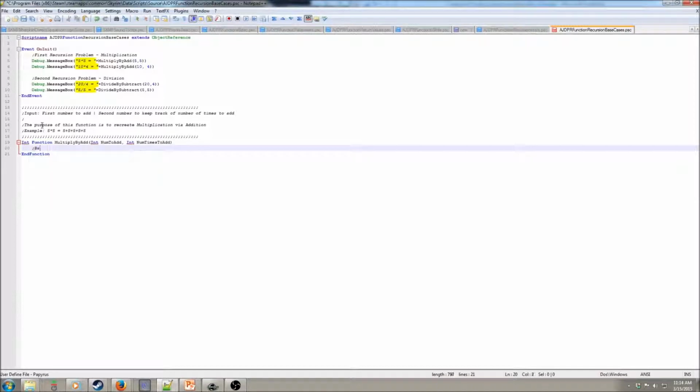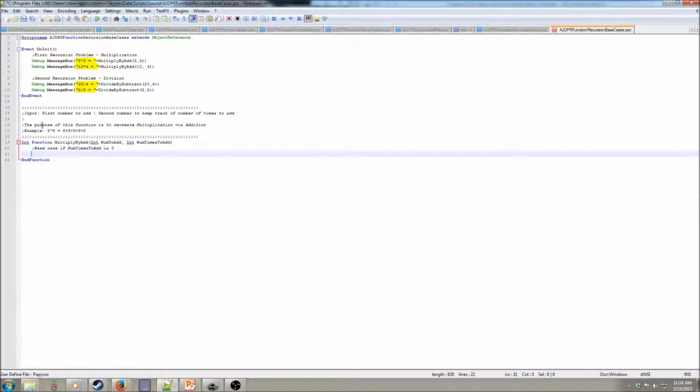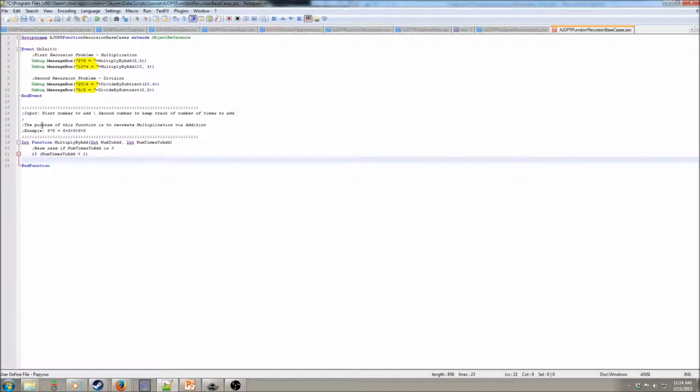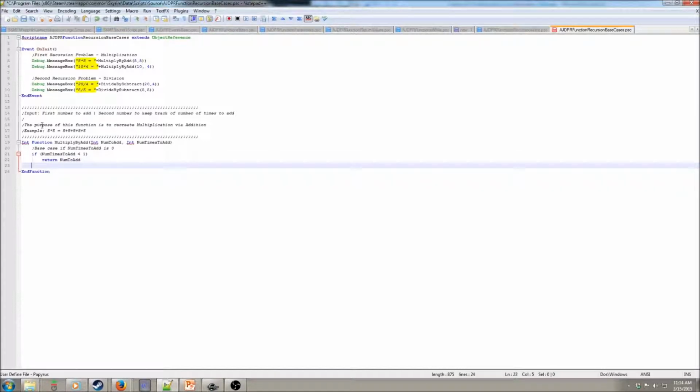Let's do our base case. Base case if num times to add is 0, return num to add.